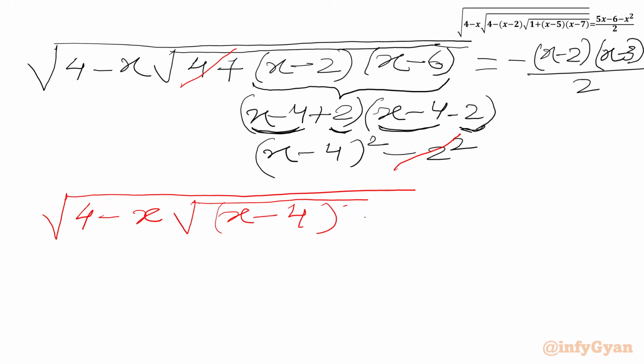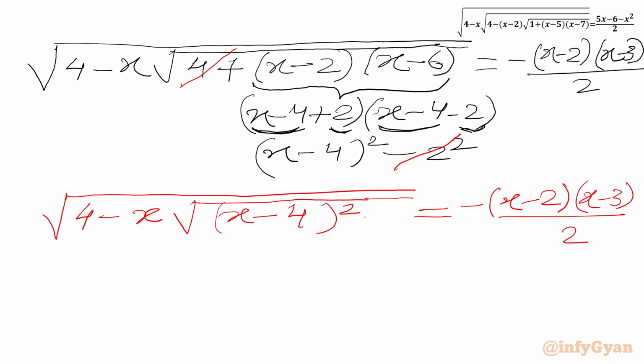Plus 4 and minus 4 will get over. This will be equal to minus of x minus 2 times x minus 3 over 2. Again we have the square root of a square. So here we will be writing this is equal to mod of x minus 4.